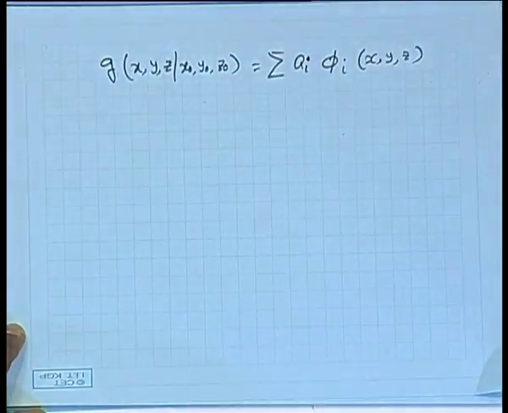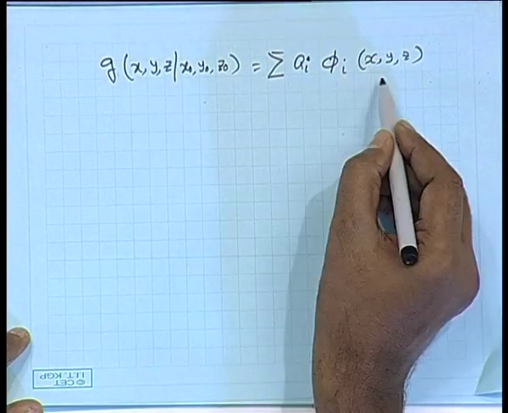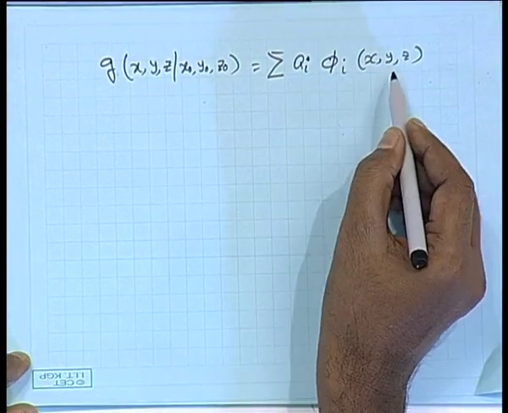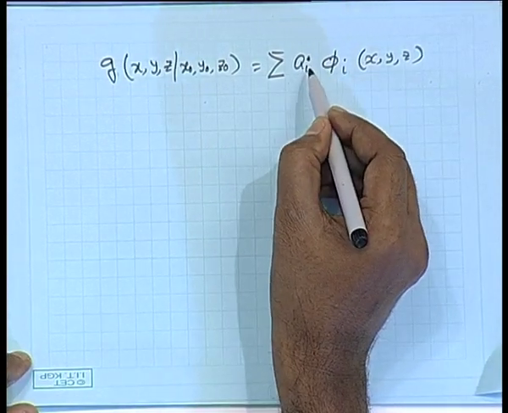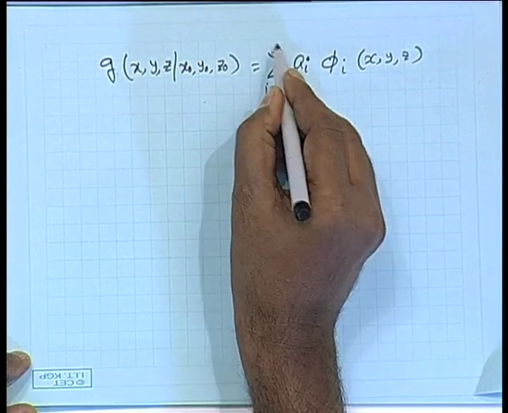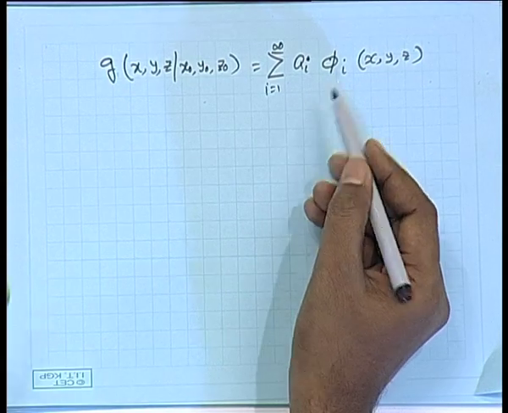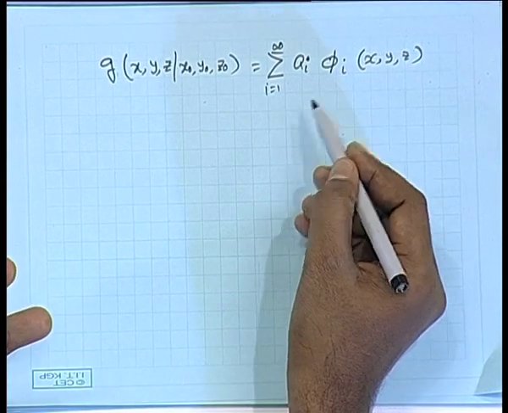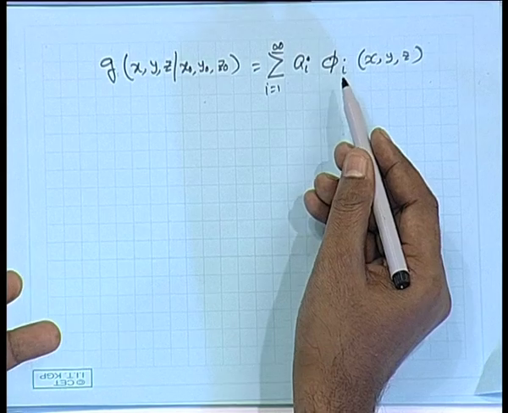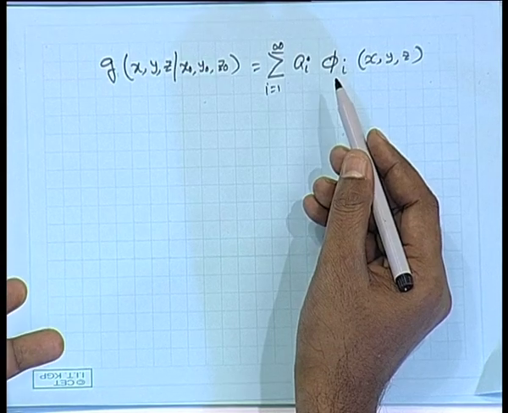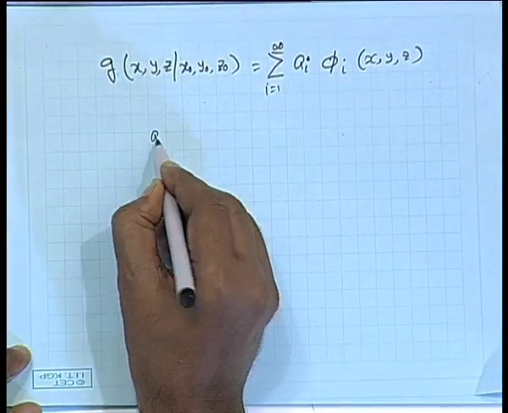So the Green's function is expressed in terms of these eigenfunctions with a corresponding constant a I, where I runs from 1 to infinity. Lambda I is the ith eigenvalue and phi I is the corresponding eigenfunction.